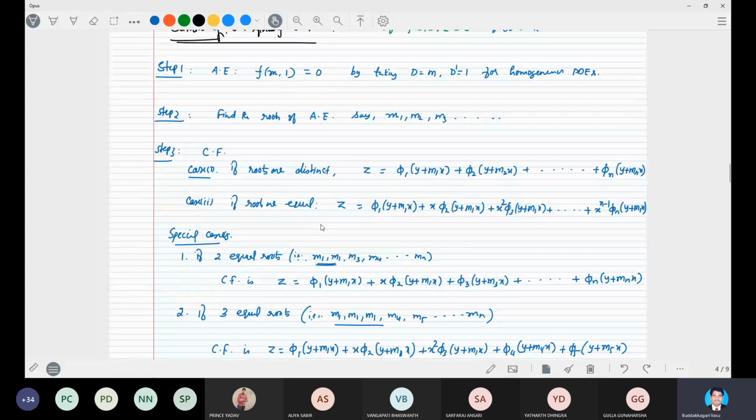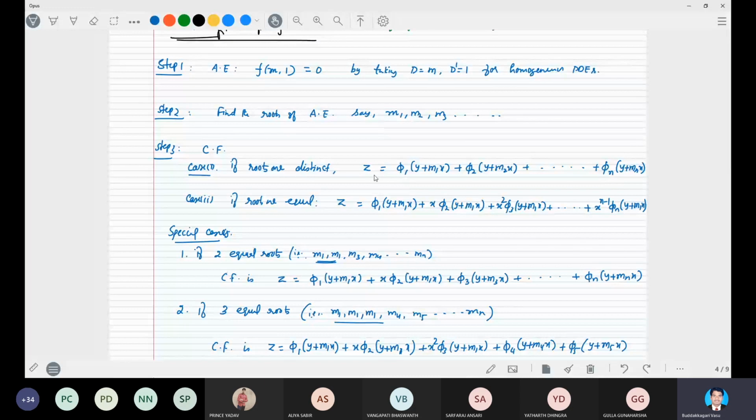If roots are distinct, then the complementary function is phi1(y + m1x) plus phi2(y + m2x) plus so on. Where the roots are all equal, then phi1(y + m1x) plus x times, this is important, x into phi2 plus x square into phi3 plus so on.